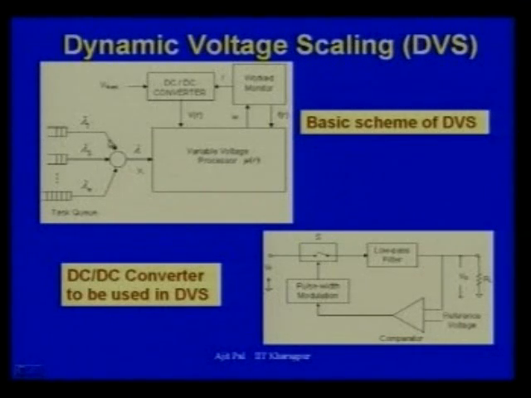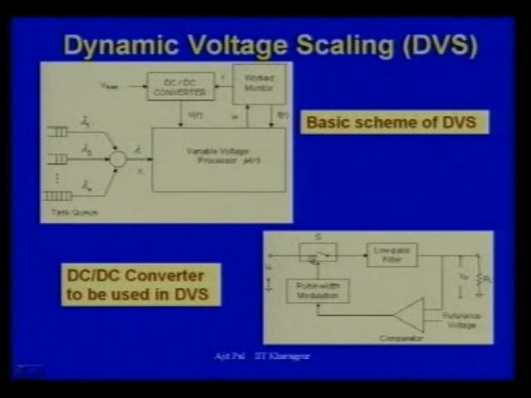So, tasks are coming, then it is being scheduled with an average rate of lambda, and depending on that, workload can be monitored, and based on the past workload you can predict what will be the workload in the next time instant, and based on that prediction you will generate a clock frequency, you will also generate a supply voltage, and that is the basis for dynamic voltage and frequency scaling.